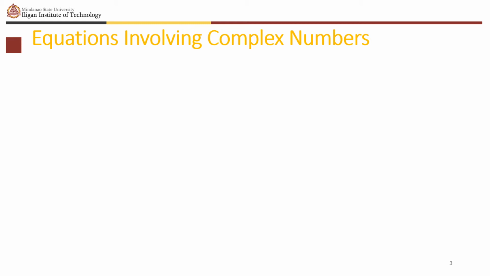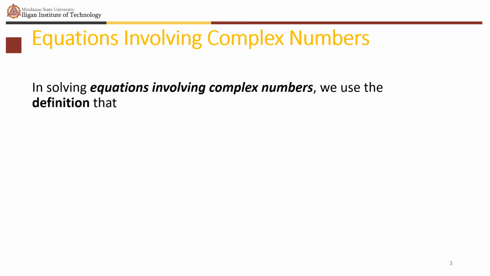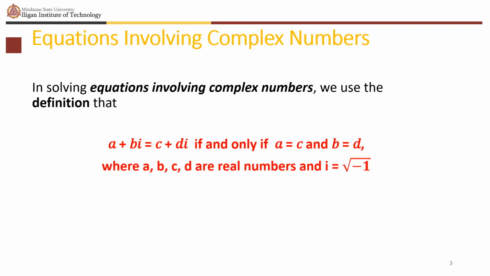In solving equations involving complex numbers, we use the definition that a plus bi equals c plus di if and only if a equals c and b equals d. The complex number is basically the combination of a real number and an imaginary number.